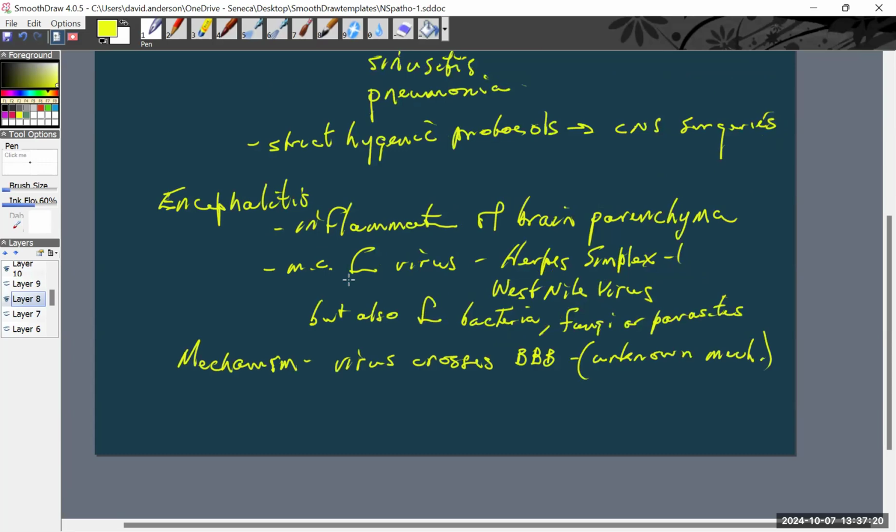So it crosses the blood-brain barrier. We get abnormal cell function. That's the host cell we're talking about. We get viral replication. And we get our inflammatory response.